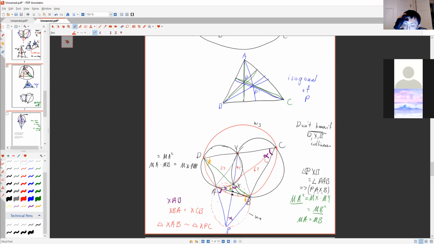So XAB should also be similar to XDP by the same reasoning. Because this is a shared red angle with that, and this equals, well, that's just the purple thing, so I'll just do it in purple with the cross through it. So we have a set of three triangles that are all similar.